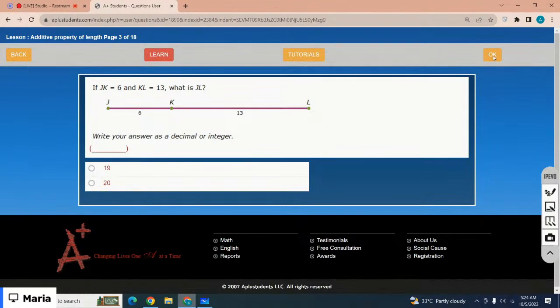The correct option is you need to add JK and KL for the complete length JL, right? The correct option is 13 plus 6, that is 19.